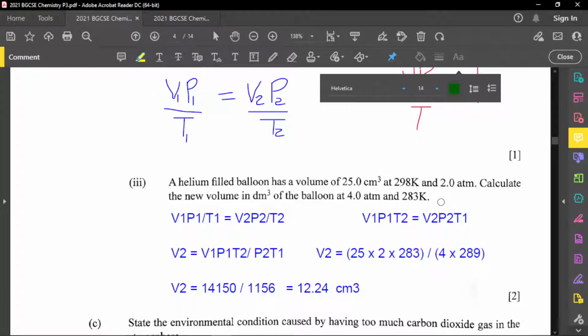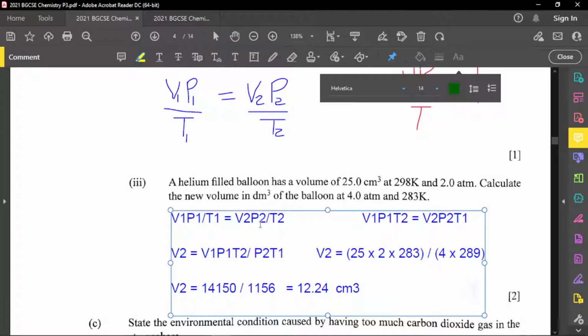You have to use the combined gas law because you have all 3 variables: volume, pressure, and temperature. What you want to find here is the new volume, which is V2. Based on the combined law, you're going to have V1 times P1 over T1 equal to V2 P2 over T2.